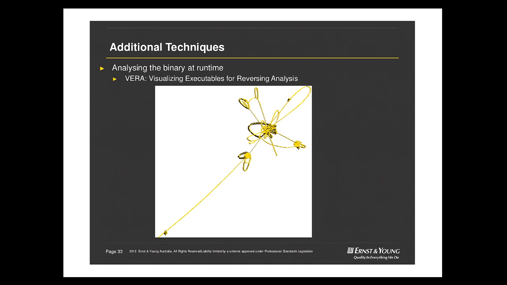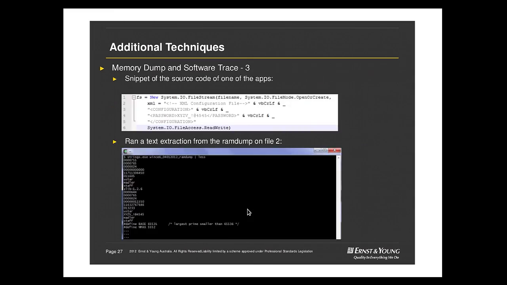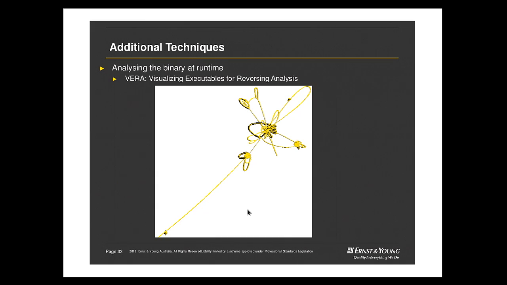Beta means visualizing executables for basic analysis. They attach to the running process, and we identify, as you can see, the loops that contain the most important parts of the application flow.